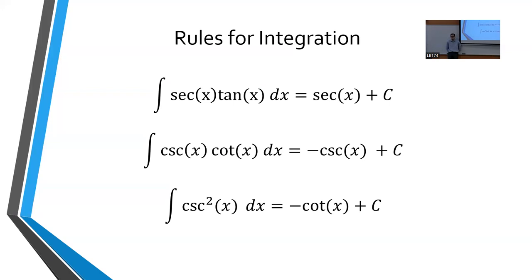So those six, the last six rules for integration, those are all basic takeaways from knowing the derivatives of our six trig functions. So if you know the derivatives of the six trig functions, then you can find the antiderivatives listed there.